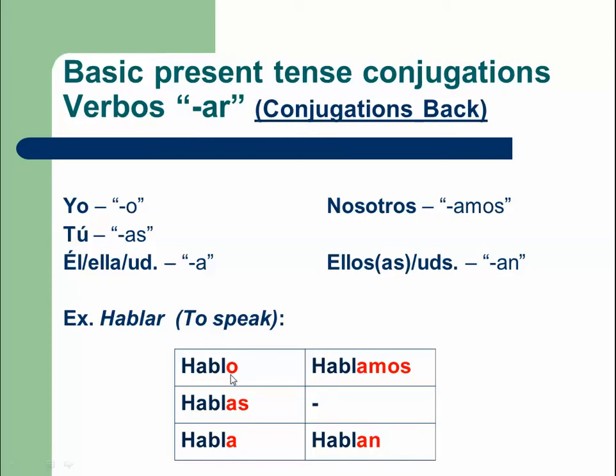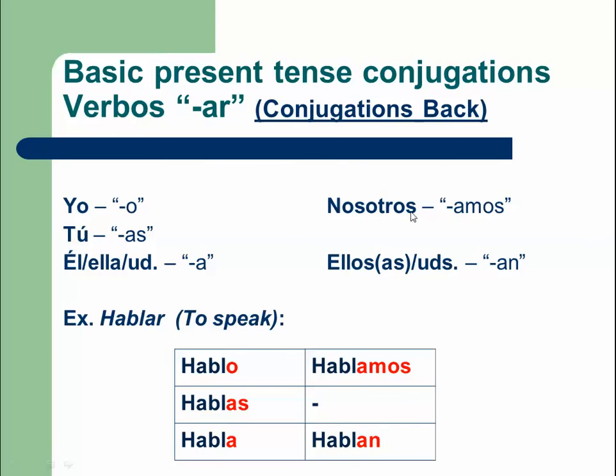The yo is easy to remember as O because they rhyme. Yo, O. Some people like to remember tú with the as because they like to think you're an ass. So you goes with as. Él, ella, and usted is just one person, so just think about taking off that R and leaving the vowel that was already there.